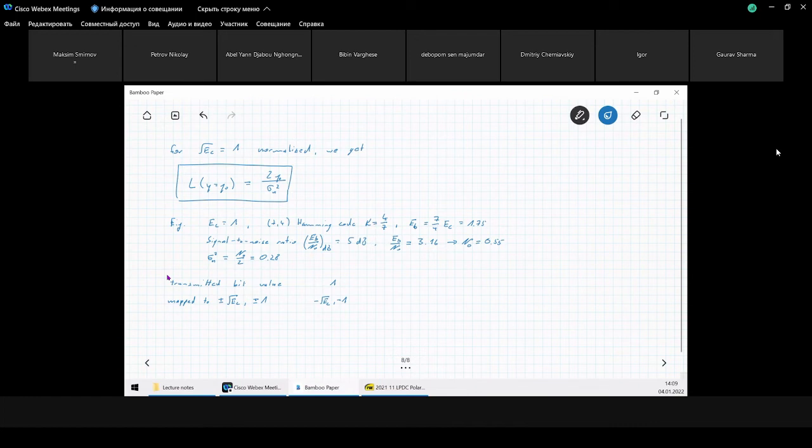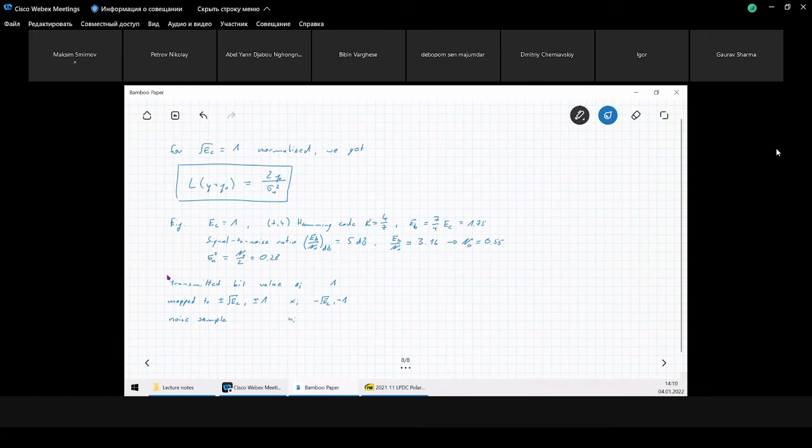Then we have a noise value. Actually, I also introduced the variables here. Let's call this AI, XI, and this would be NI, so the corresponding noise sample.